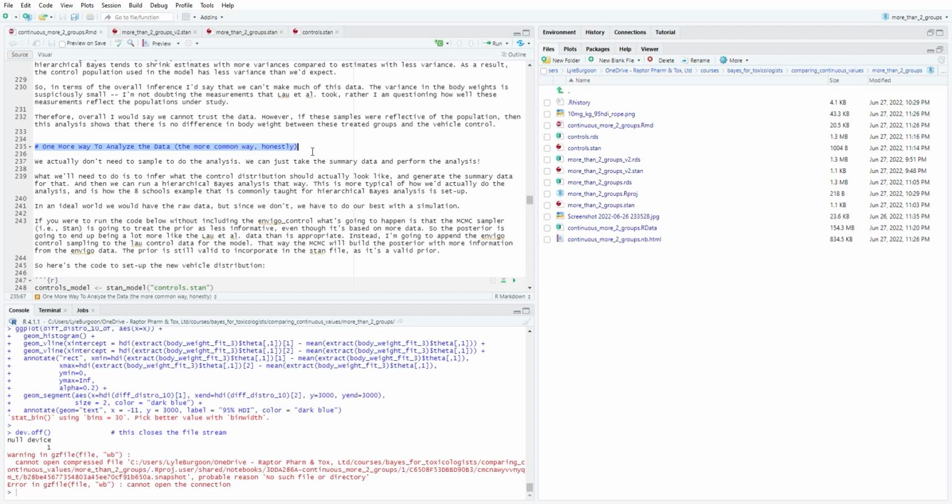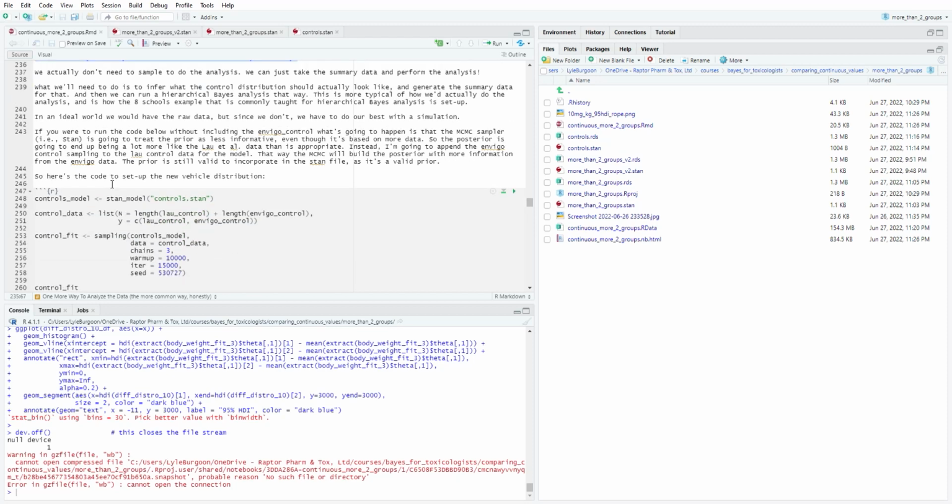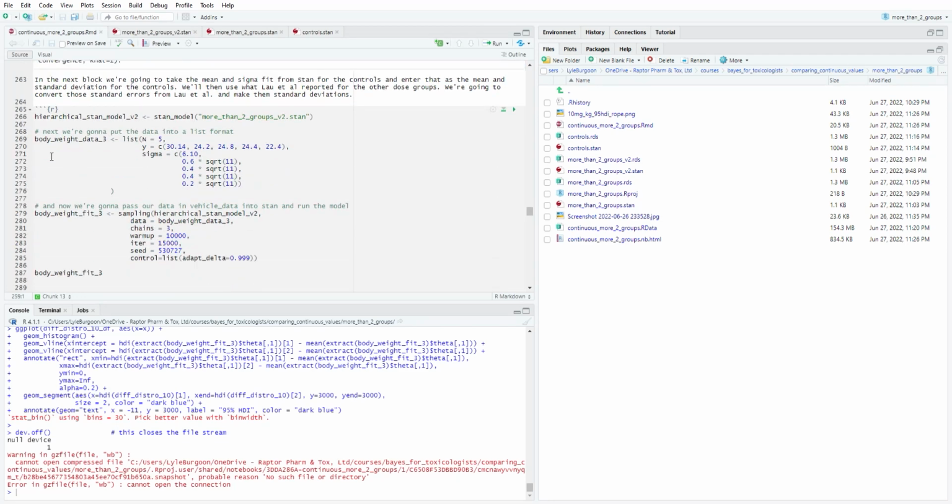Well, that summary information, like I said, is already given to us in the paper. And so normally what we would do is we would just put the summary information right here into the Bayes analysis directly. We wouldn't be dealing with the raw data per se. And so that's just for your reference. But this is a pretty good way of doing a more than two group analysis, very much akin to an ANOVA.